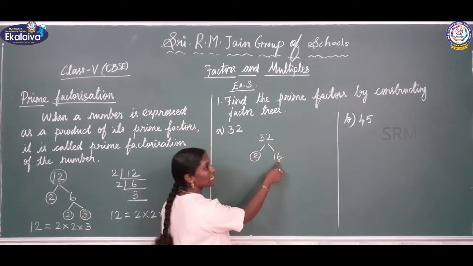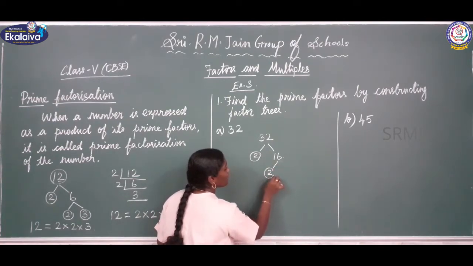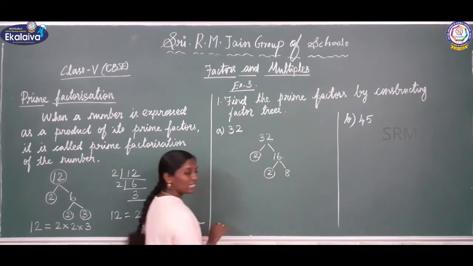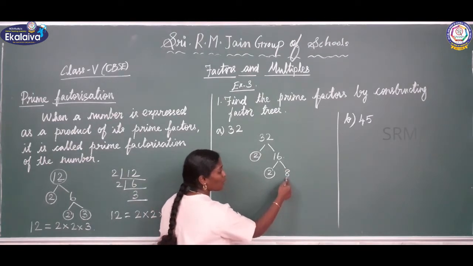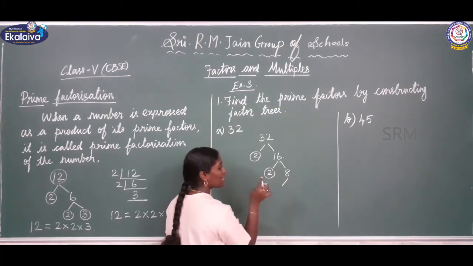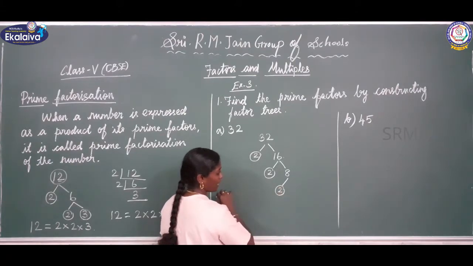Here 16 is an even number, so again 2 is the smallest prime factor. In 2 table, 2 8s are 16. Now we have to find the smallest prime factor of 8. Here 8 is an even number, so 2 is the smallest prime factor.